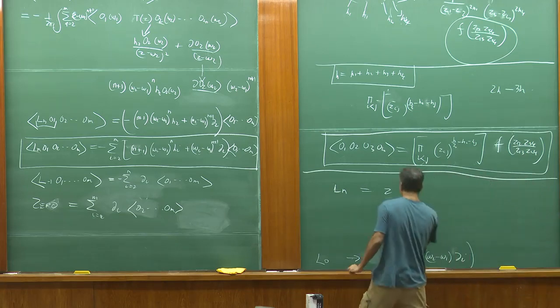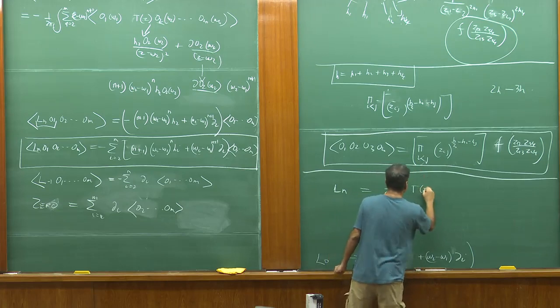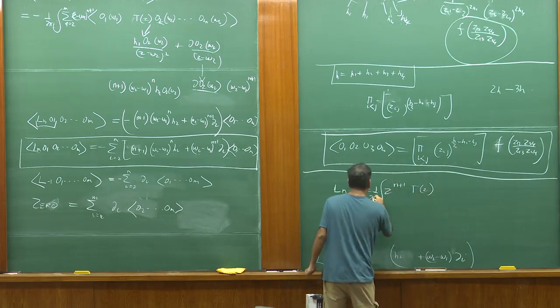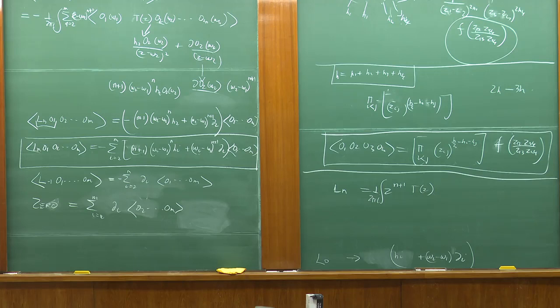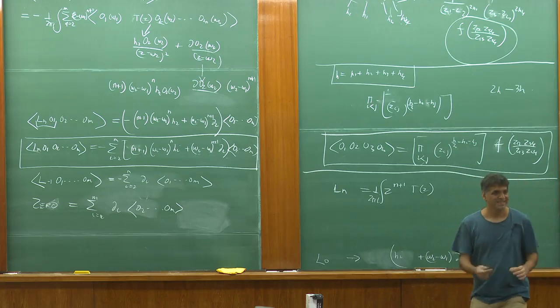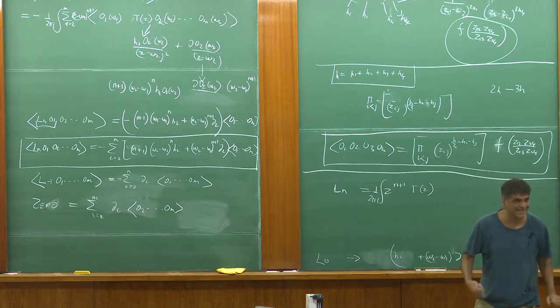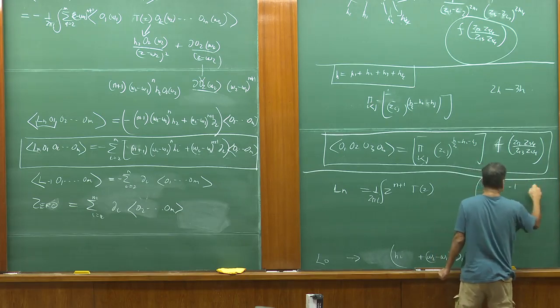So we wanted z to the power n plus 1 T of z, 1 by 2 pi i. This should be 0. But this is only 0 for n equals minus 1 or larger. So the statement that Ln annihilated the identity was true for n greater than or equal to minus 1. Good.